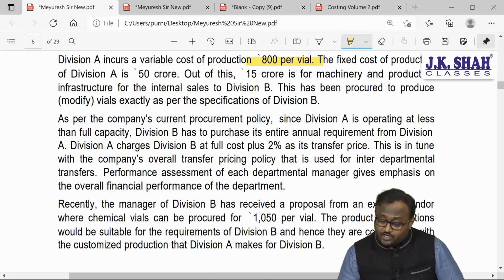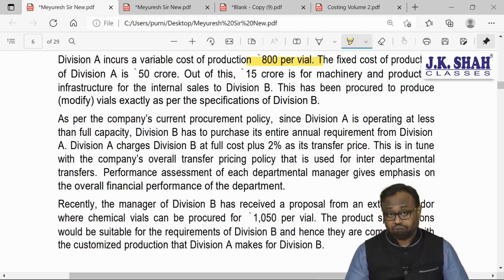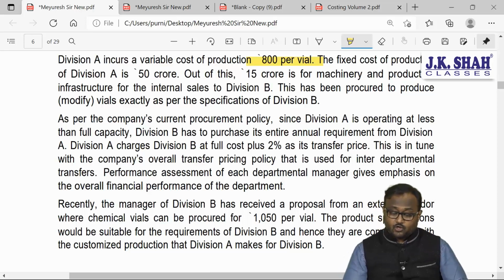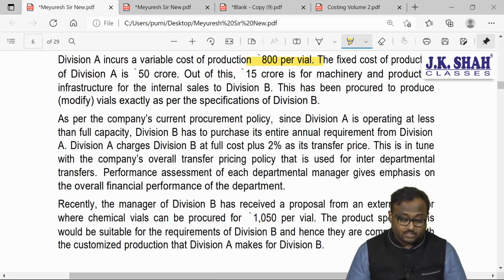Out of these, 15 crores are for machinery and production infrastructure for internal sales to B. Something is important about it. This has been procured to produce vials exactly as per the specification of B. Then in that case, I need to consider that part.